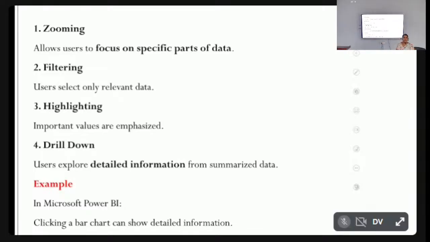What do you mean by highlighting? When you're writing your exam, you highlight your side headings, right? So in this interaction, the things you do are zoom the data, filter the data, highlight the data, and drill down. Means you take only what is required for your work. Drill down.